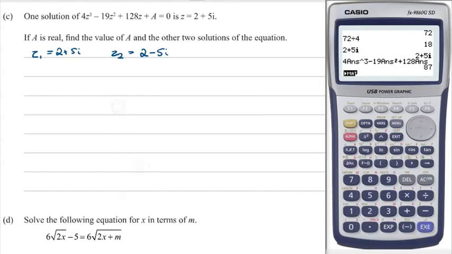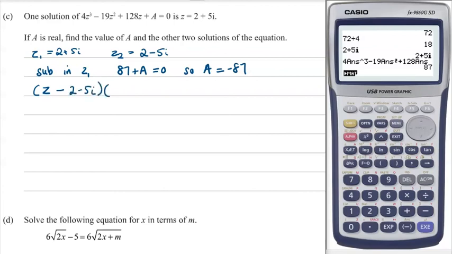So sub in z1 and we get that 87 plus a is equal to 0, so a is equal to minus 87.